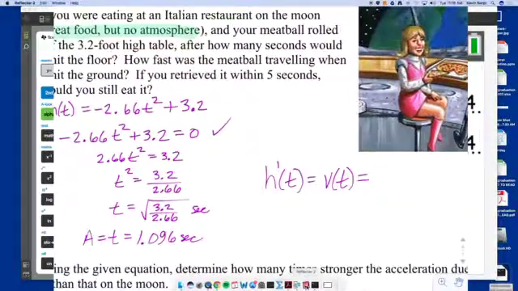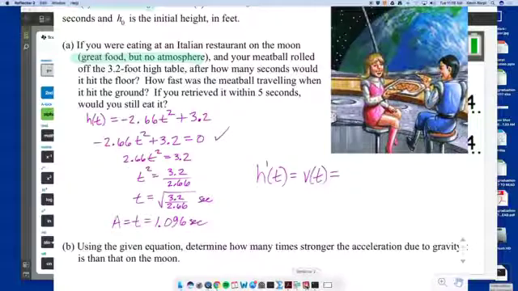So what is the derivative of negative 2.66 t squared? Will be negative 5.32, and that would be t to the first plus 0.